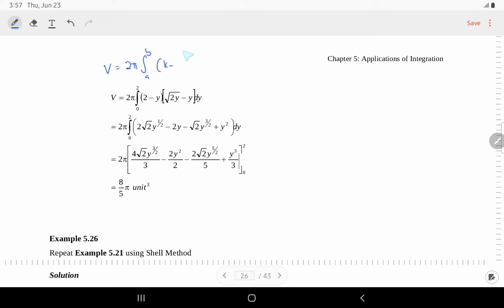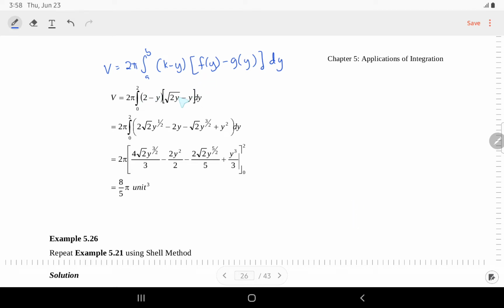Sebab dia punya shaded region di belah bawah axis of revolution. Okay, so K minus y, Fy minus Gy dy. Okay, so K is our axis of revolution, F ni adalah function belah kanan, G belah kiri. So our K is 2 sebab dia punya axis of revolution dekat y equal to 2.